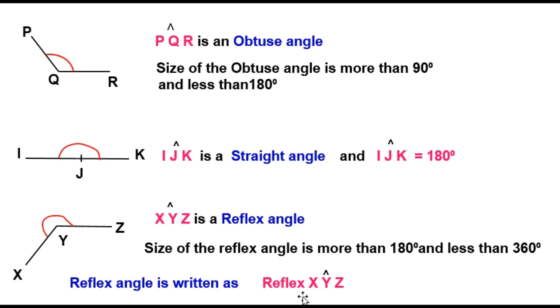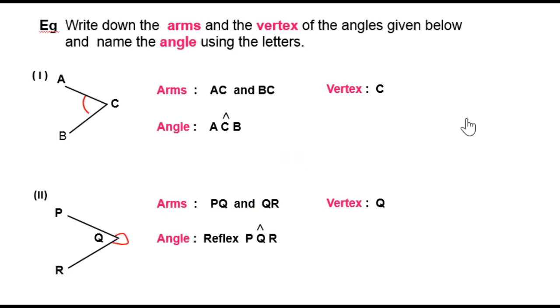The naming of a reflex angle is a little different. See the bottom of the page. We have to write reflex in front of XYZ: reflex XYZ. You can see the example.